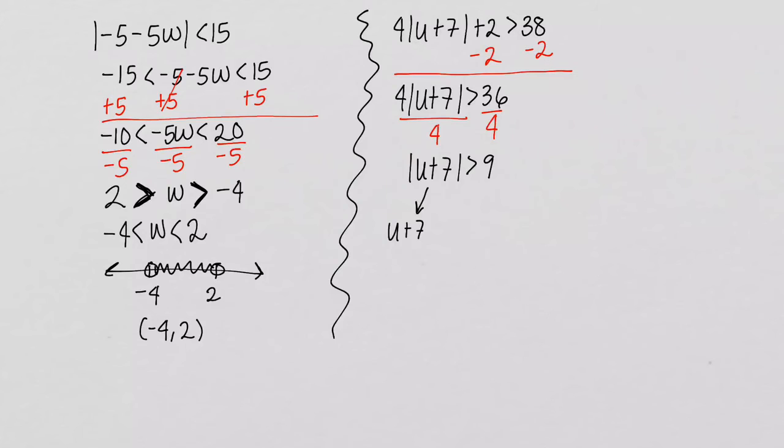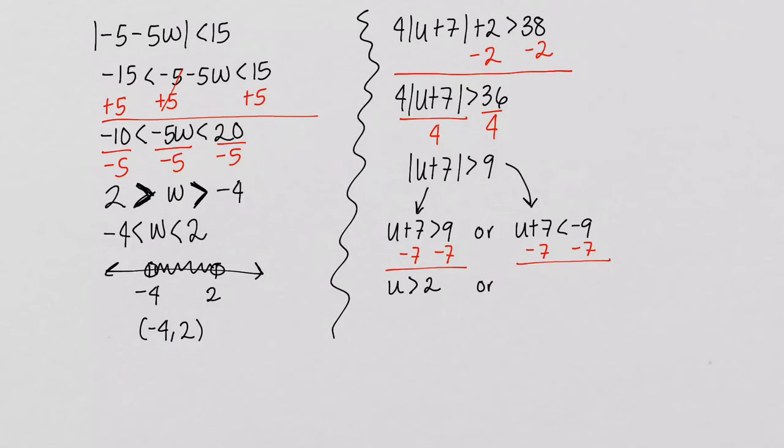So u plus 7 greater than 9, or u plus 7 less than negative 9. Solving each of these guys. I get u greater than 2, or u less than negative 16.